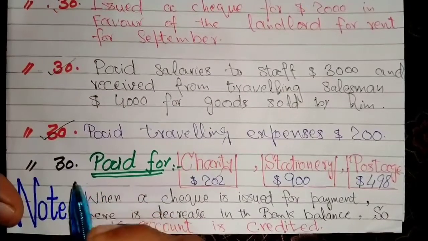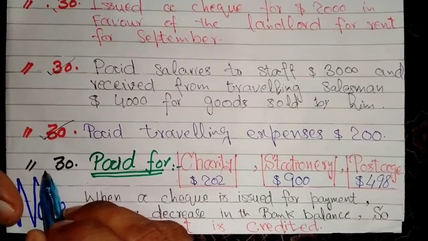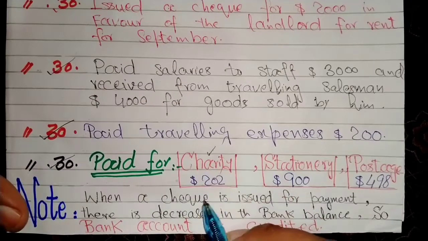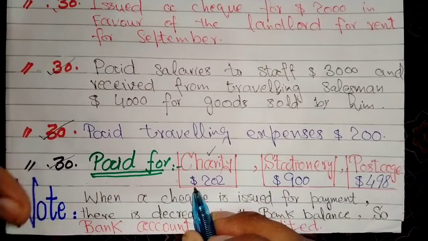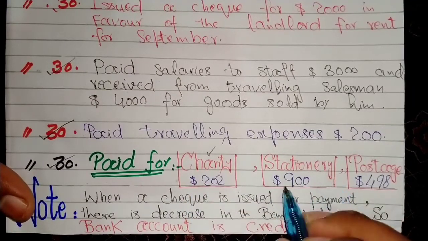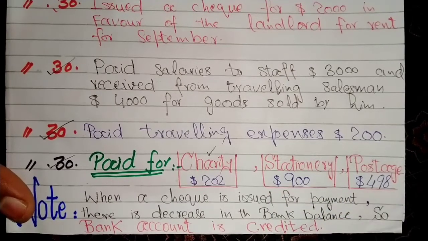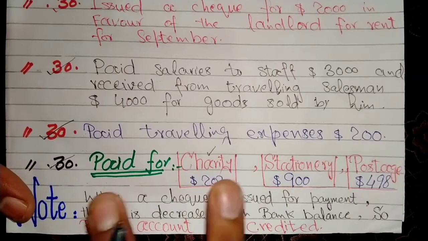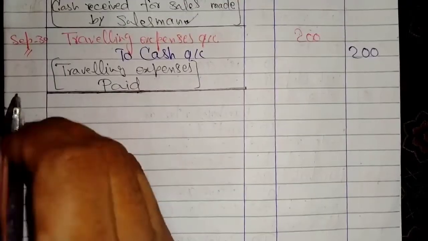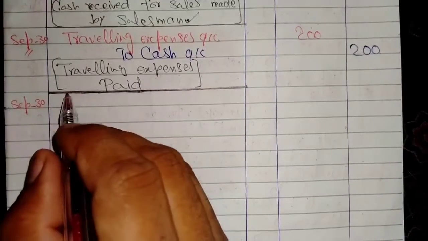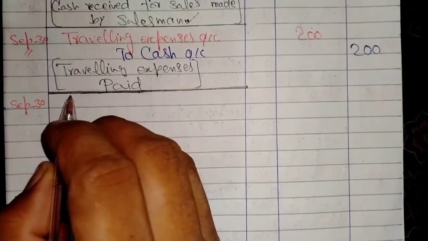So dear students, next and last transaction of this problem on date September 30 is paid for charity amounted $202, stationery $900, postage expense $498. We will make a combined entry of these expenses. So the date September 30, ultimately a compound entry will come into existence here.